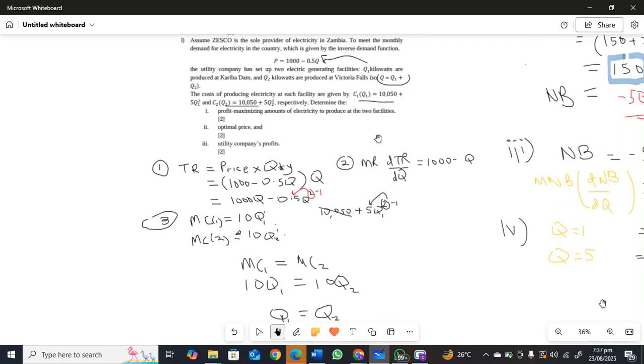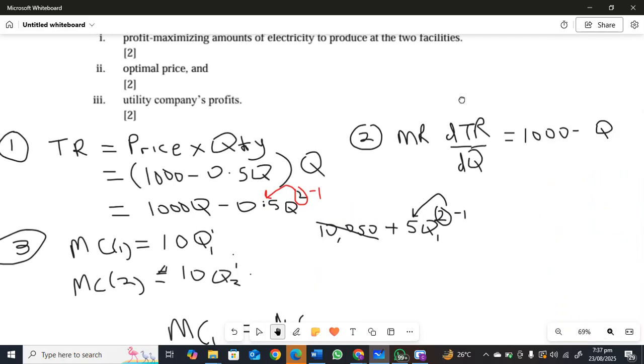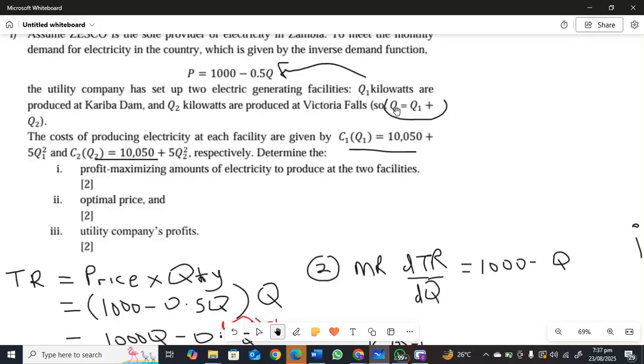this equation they gave us here, Q equals Q1 plus Q2, we want to put this equation into one variable, so we can easily substitute.